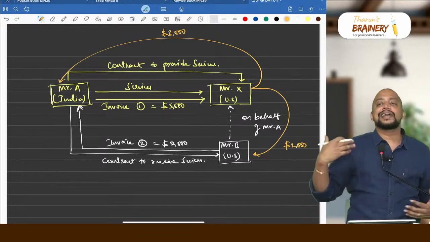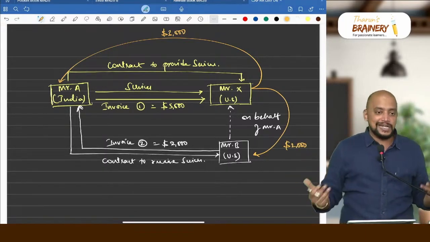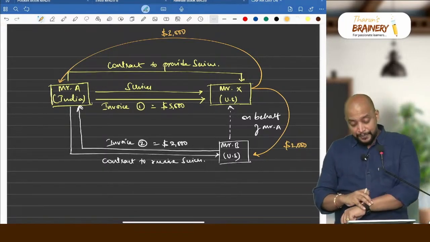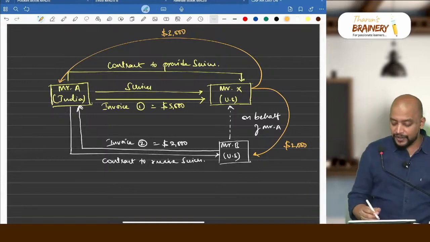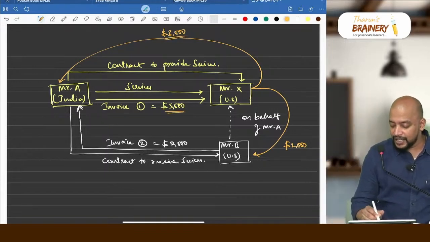Thereby, the unnecessary conversion from dollar to rupee is not there for $2,000. Even though A raised an invoice for $5,000, he received only $3,000.